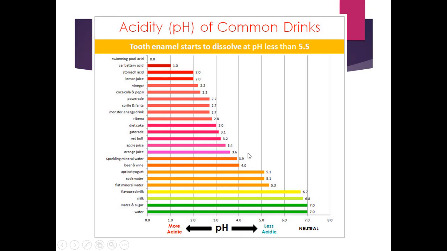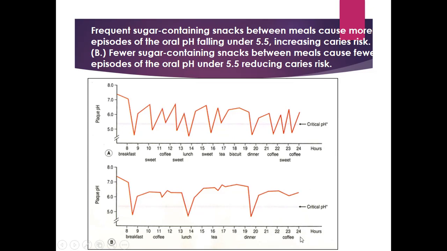So your saliva is constantly working against that. The more episodes that you have of exposing your teeth to that acidity, the more likely you are to have caries, and the saliva can't keep up. So frequent sugar-containing snacks between meals cause more episodes of the oral pH falling under 5.5, which of course increases caries risk.